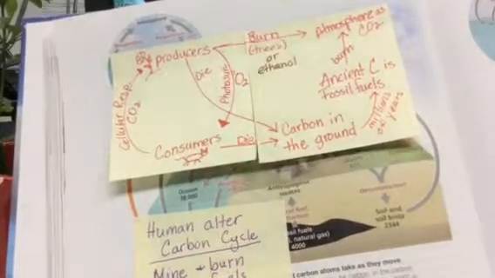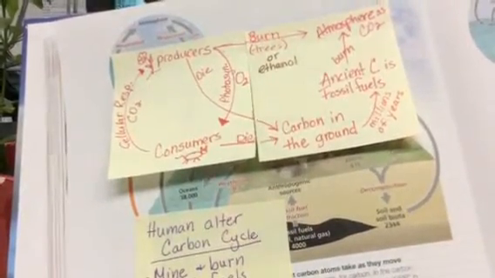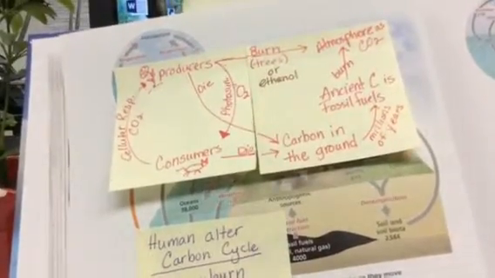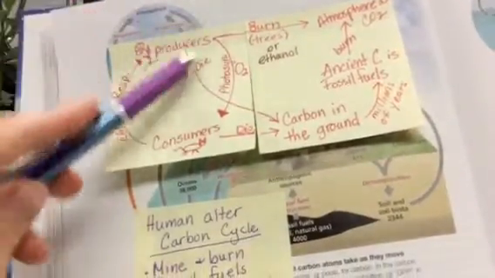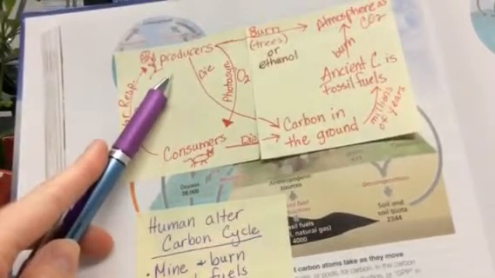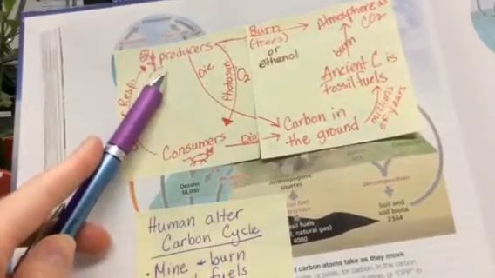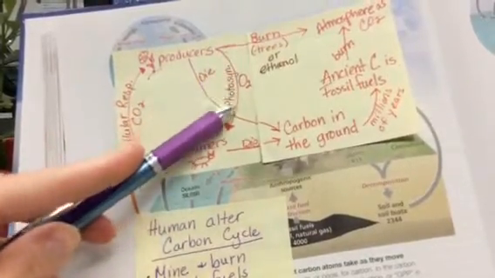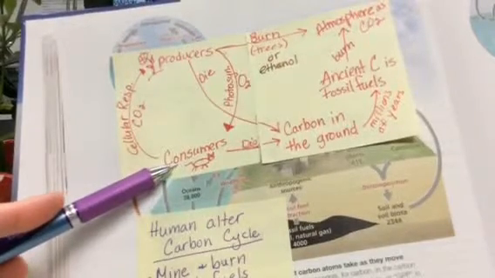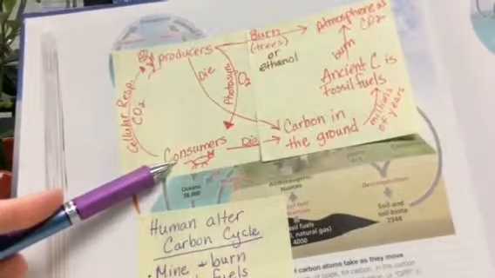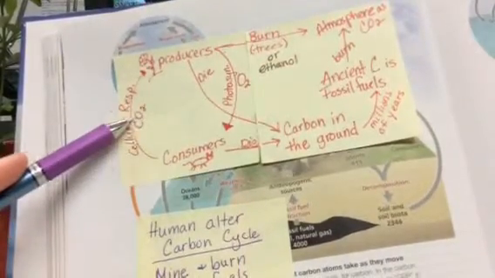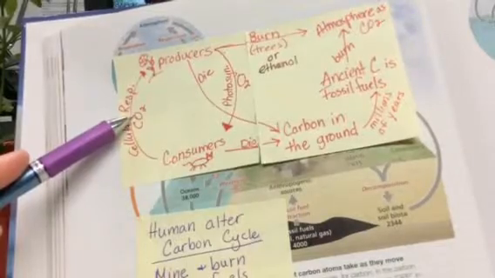So we have our basic producer-consumer loop that you've studied in biology class. Basically, your producers, and this includes plants, but it also can include plankton in the ocean and algae, give us oxygen through photosynthesis, and we as animals are consumers. Bacteria are also consumers, so it's not just animals. We give producers carbon dioxide through cellular respiration.